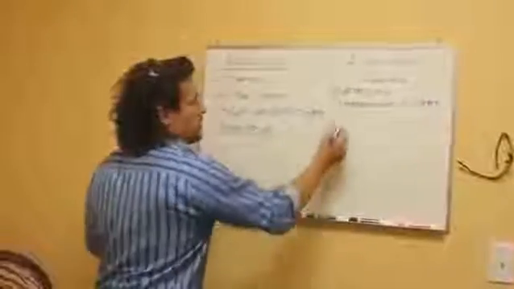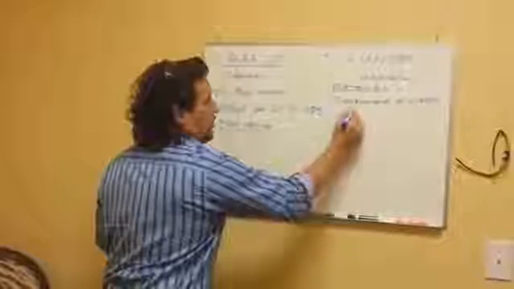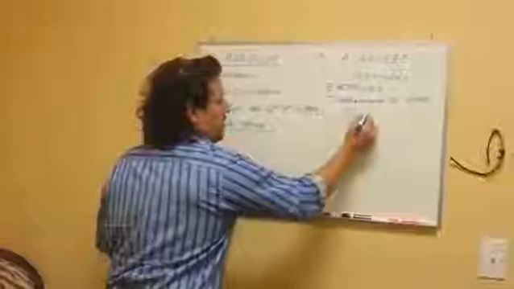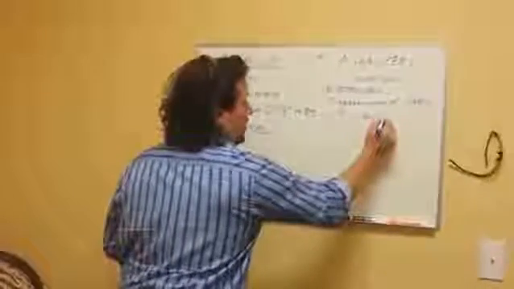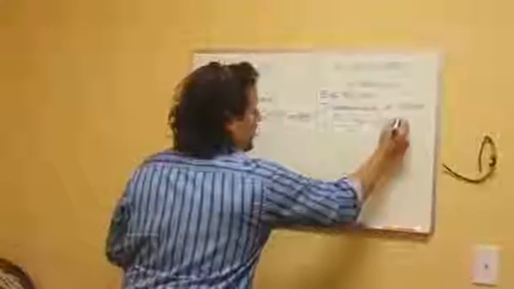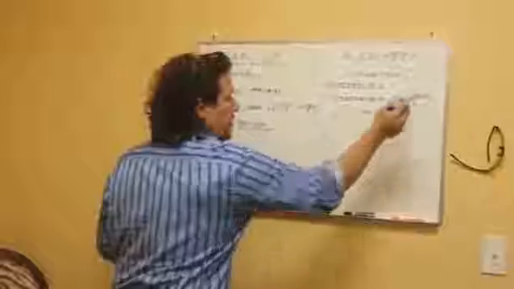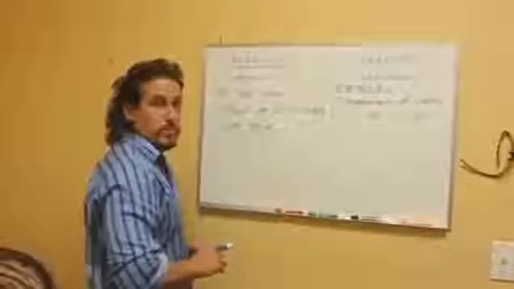Basically it's the process by which you take water and split it into a hydrogen ion and a hydroxyl ion. The hydroxyl gives you a free electron that you can use to be a free radical scavenger.